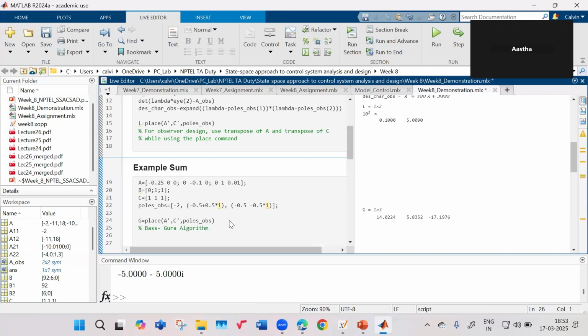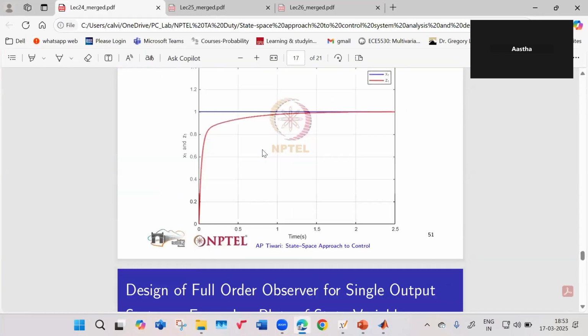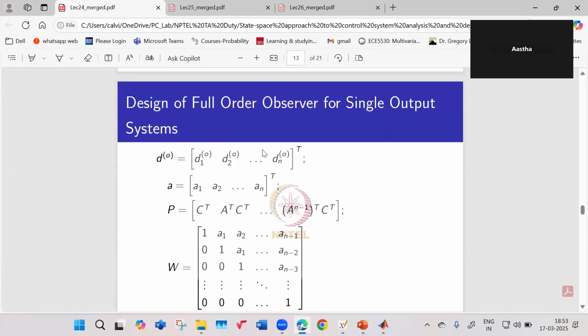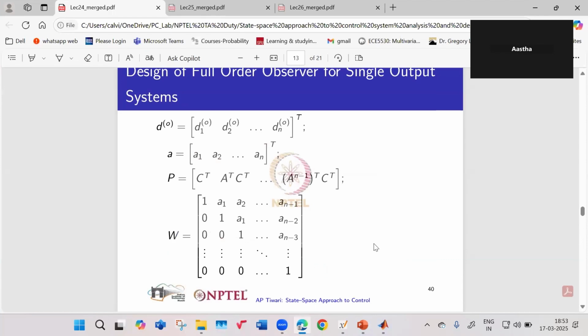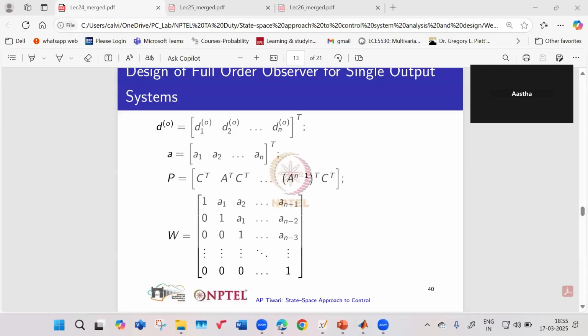For the Bass-Gura algorithm, the steps are shown here. First, we must find the P matrix. So let us look at the steps.